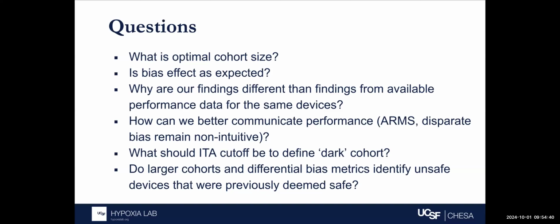So I don't know how it works with pulse oximetry, but are these devices getting their market clearance based on the accuracy of the predicate device, or do they have to submit new data for their specific device? Maybe this is not a question for you, but maybe for the broader community, just like how does that work when there's this sped up pathway to regulatory in the US via this predicate device route?